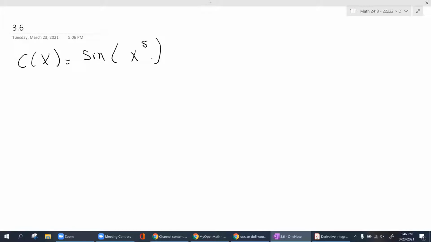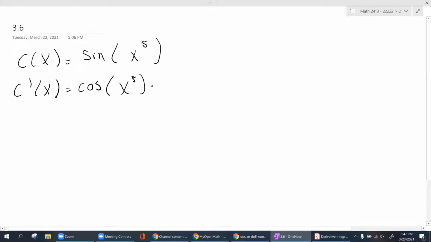This is sort of the same method. What I'm going to derive is the outside part. Then I'm going to rewrite the inside as is, times the derivative of the inside. In other words, I take the derivative first. This is going to be cosine of, write down exactly what you have, times the derivative of this inside, which is 5x to the 4th.